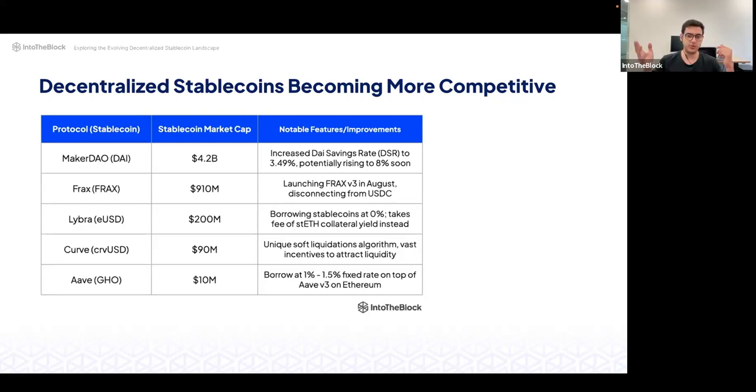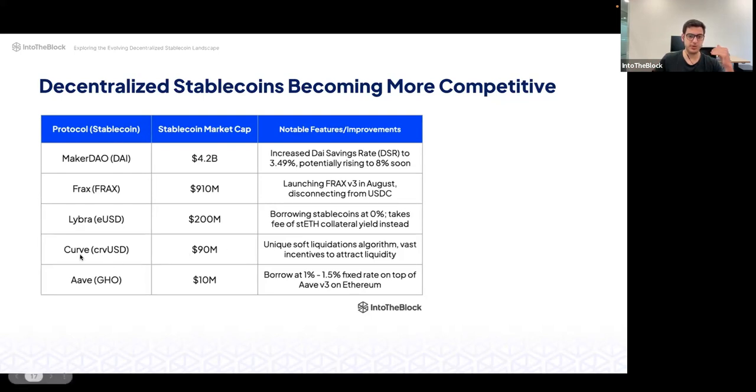And why it's been able to grow so fast, it launched just in April, is that they mint eUSD at 0% borrowing and take a fee from the staked ETH, and liquid staking in general collateral, making it less friction to borrow.